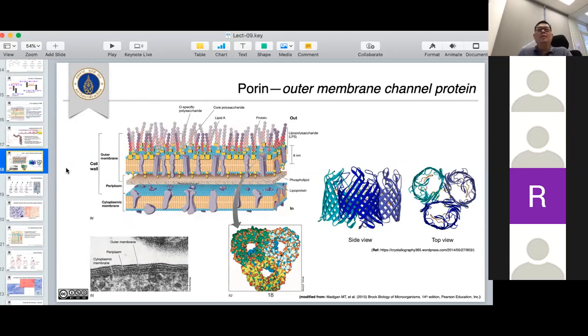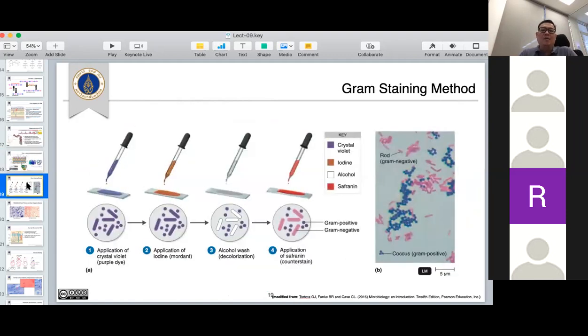So based on different types of membrane and cell wall, we developed a method to stain bacteria called gram staining. I suppose everyone knows the process of gram staining. We apply a few drops of crystal violet and leave it for 1 minute.